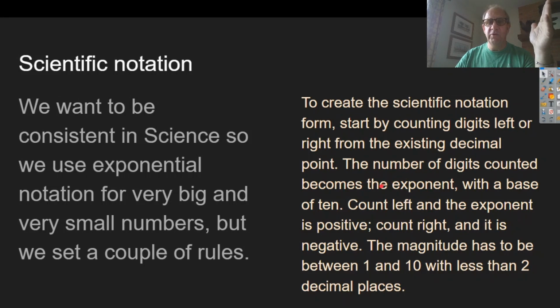The number of digits counted becomes the exponent, our magnitude, with a base of 10. Count left and the exponent is positive, count right and it is negative. And the number that's left has to be between 1 and 10 with no more than 2 decimal places. Okay.